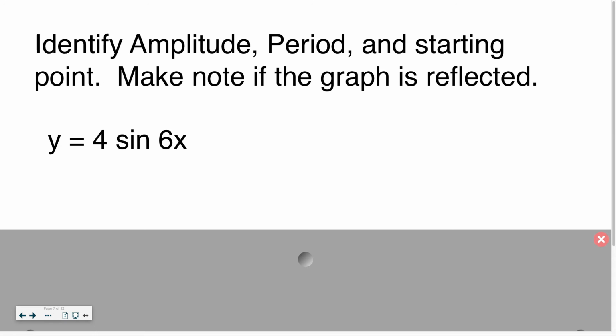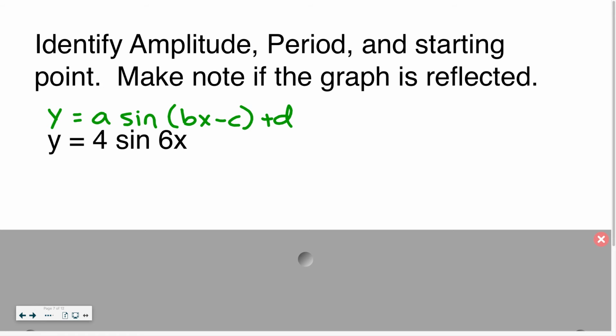So we're going to start with y equals 4 sine 6x. And I would say this one is a moderately easy one. Now, if you're beginners to trig graphs, it might help you to write the general form above the equation so that you can figure out what's A, B, C, and D. It's pretty clear to see A is 4, B is 6.